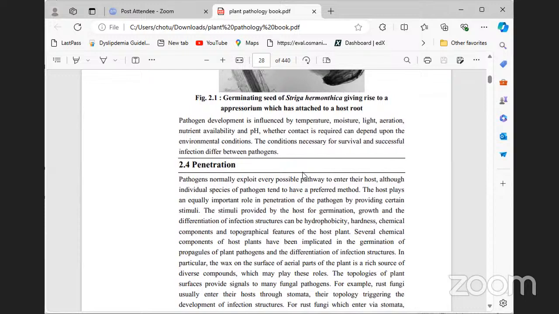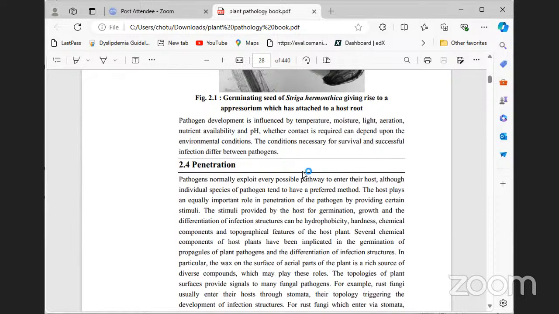This is the first one. Second thing is the penetration: how pathogens penetrate.